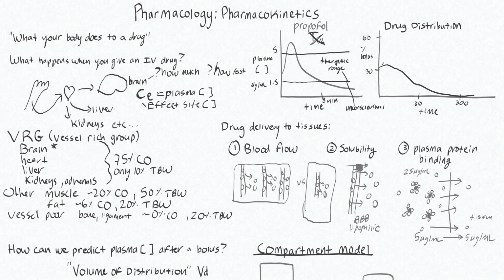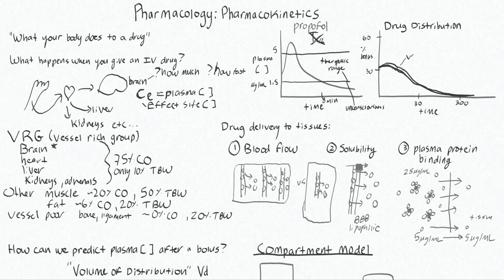Your vessel-rich group, the drug that is distributed to your vessel-rich organs, will be very close to what that plasma concentration is, because it's in pretty tight equilibrium with it due to the fact that it receives so much blood flow. So it will follow pretty much that same curve.